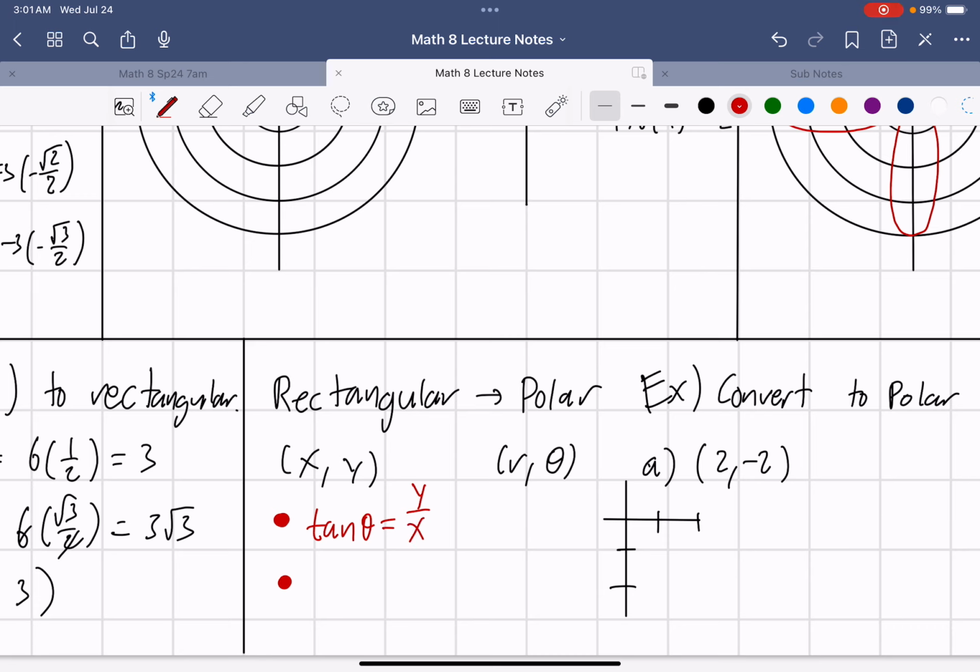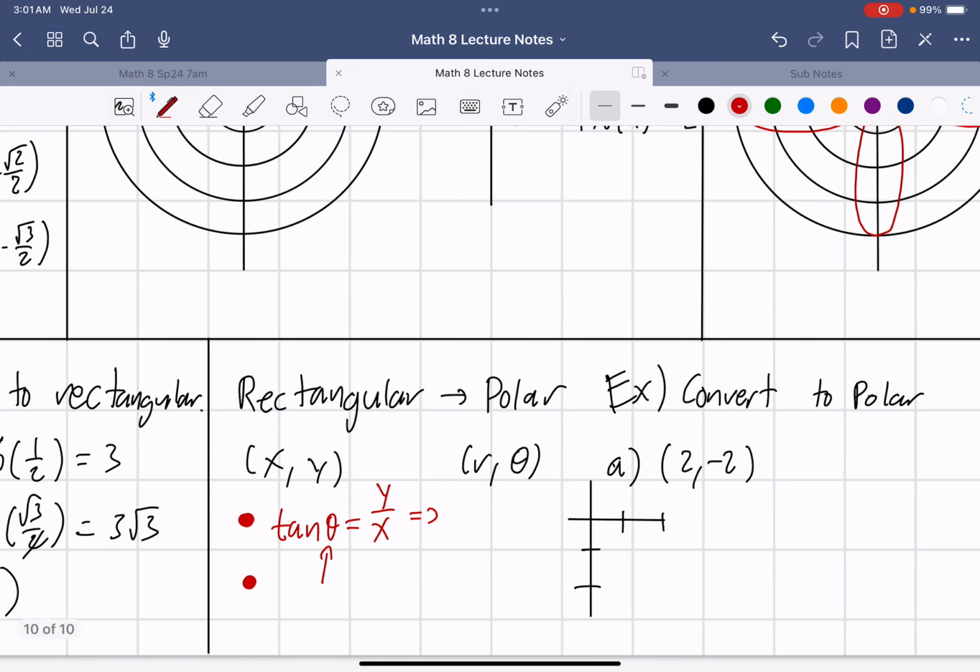Now, the idea is I need to find theta, and the only way to get theta is by using the inverse. So tangent inverse of y over x.